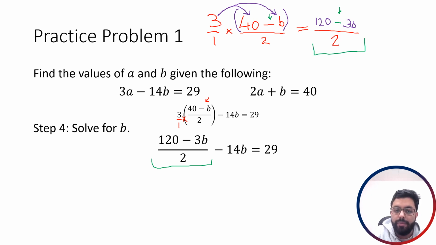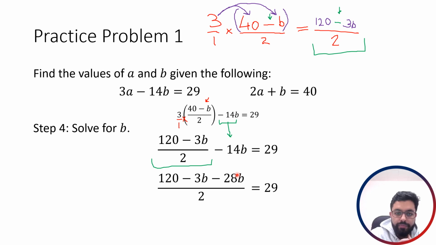That's this guy up here. Cool. And then this minus 14b just comes straight down. I didn't do anything else besides this stuff up here. That's all I've done in this first step, is I've figured out what's going on with the big thing in brackets. Now we're going to take another step.